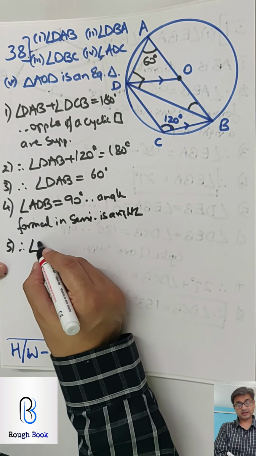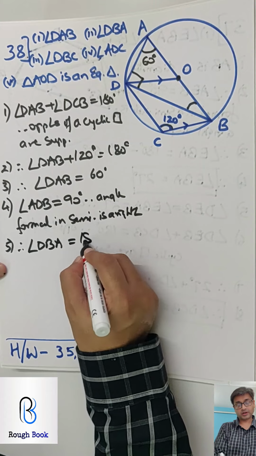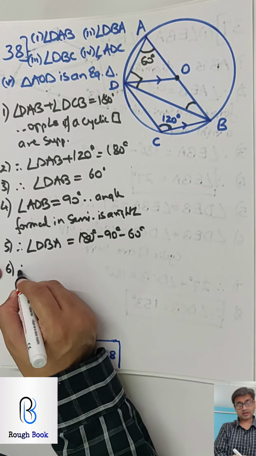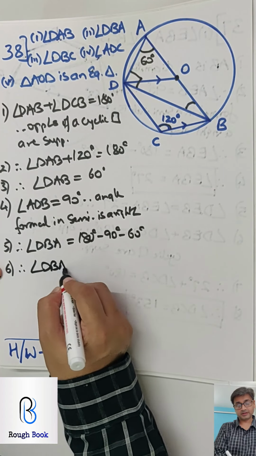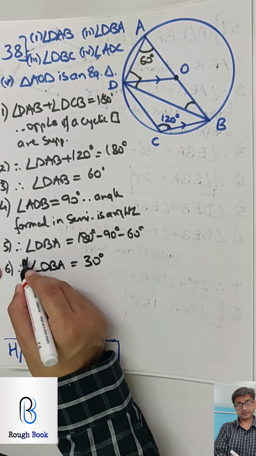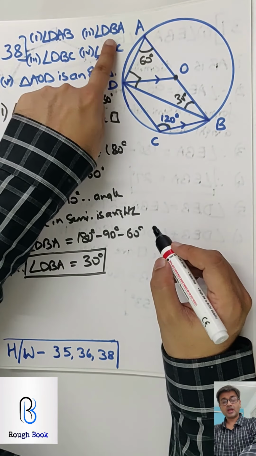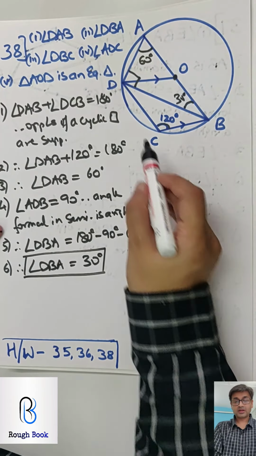Therefore, angle DBA is 180 minus 90 minus 60, and therefore you can say angle DBA is equal to 30. So we managed to get this as 30, the second one.